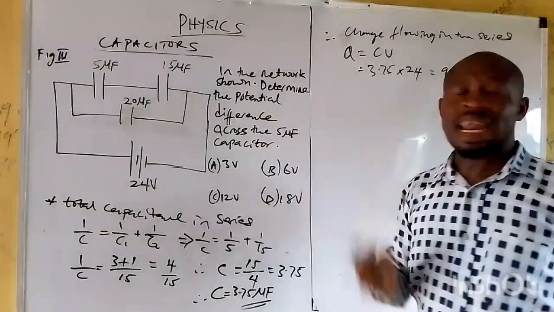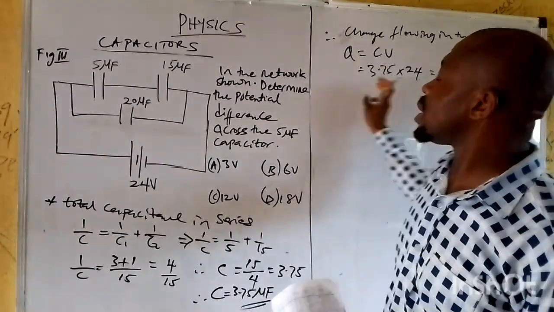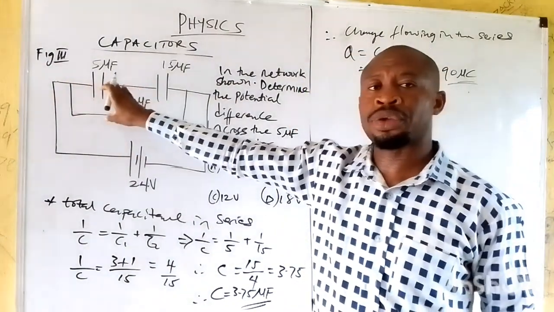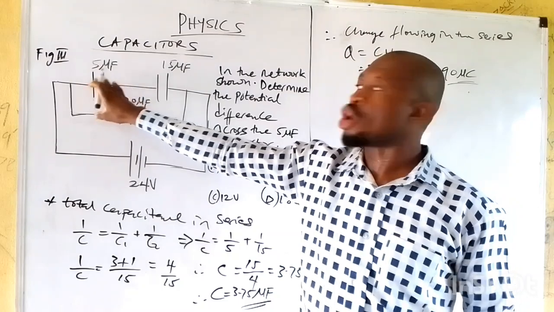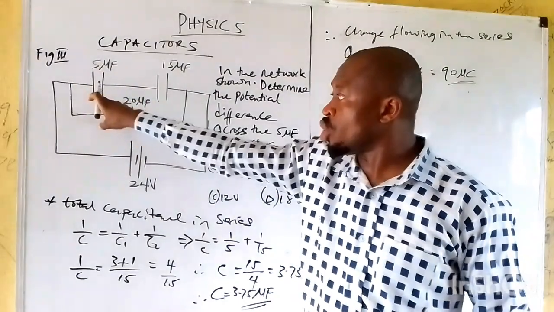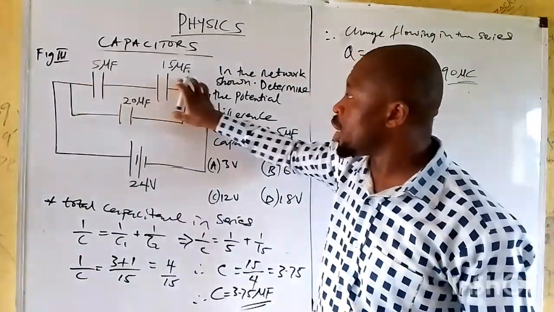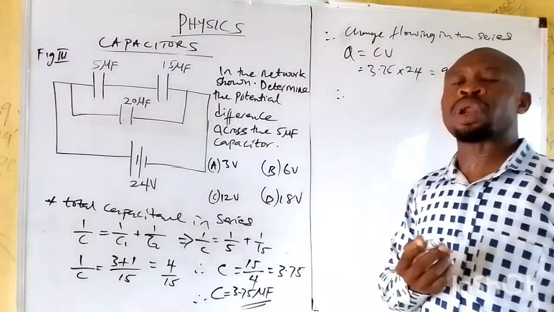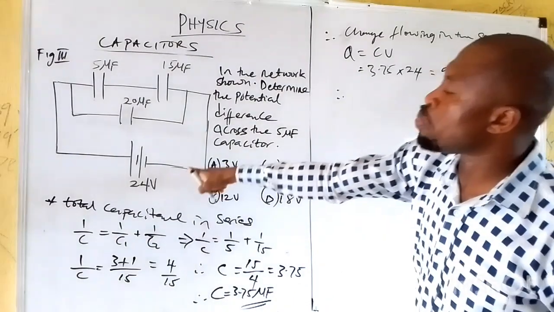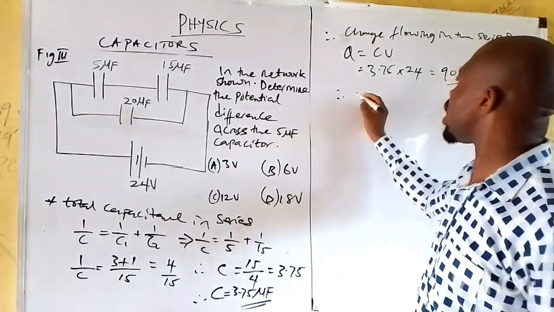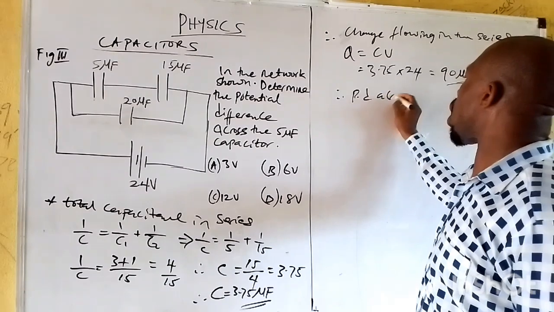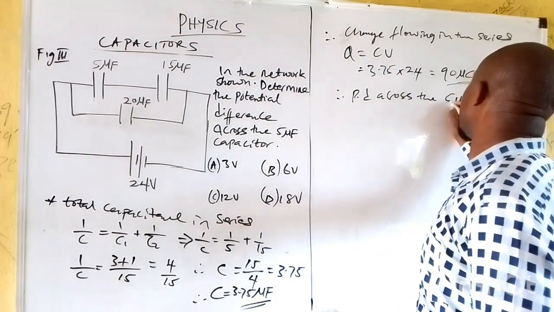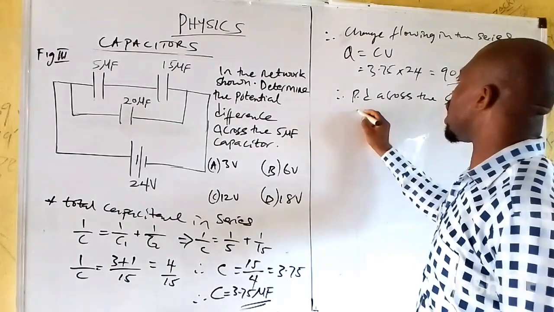So we now say that yes, that Q, the same quantity of charge flowing is 90 microcoulomb. And the same quantity of charge flowing into this one will flow in the two because they are in series. Therefore, we can now calculate our potential difference across. Therefore, PD across the 5 microfarad capacitor is V.